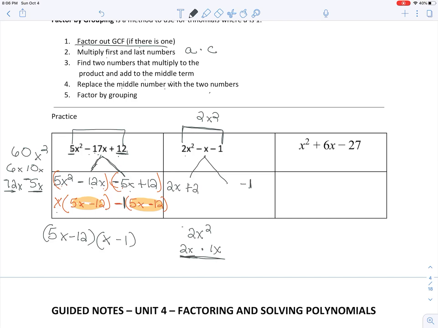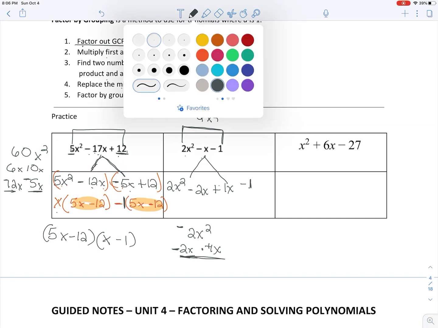Plus 2x. Oh, wait a minute. I need it to be negative, so I need to figure out my signs. I wanted to add to get negative 1, so that means negative 2 and positive 1. So this is going to be 2x squared, and then minus 2x plus 1x minus 1.